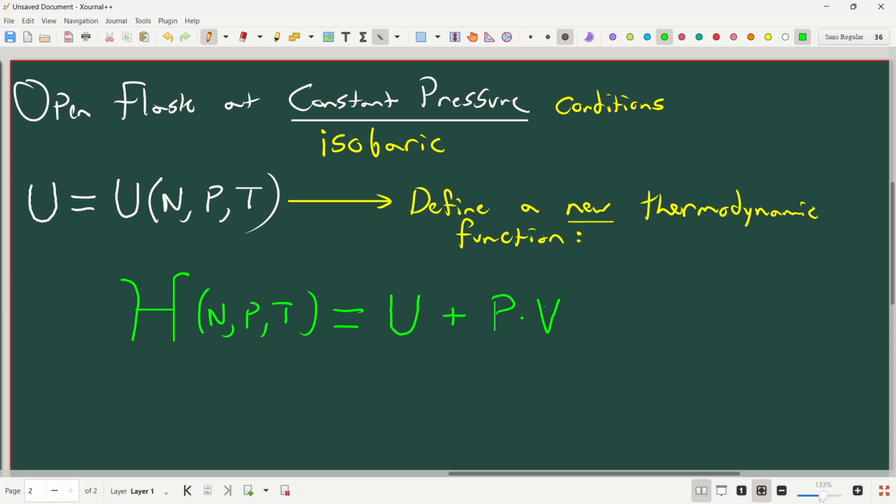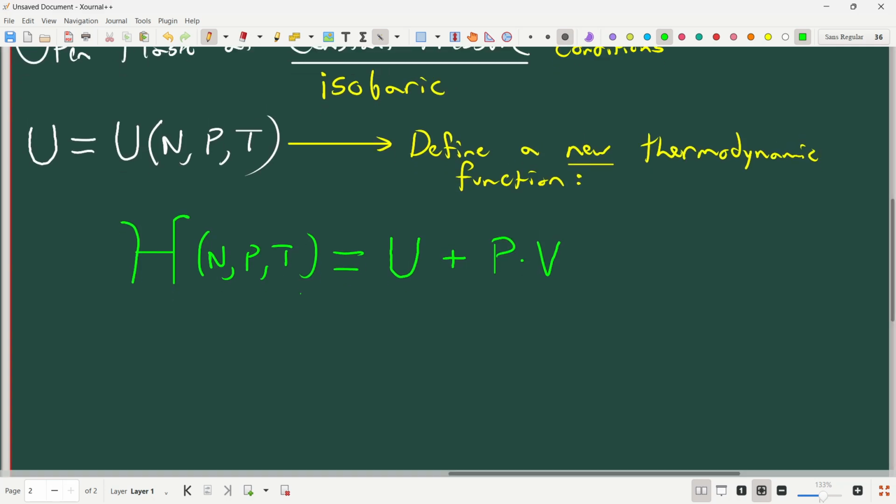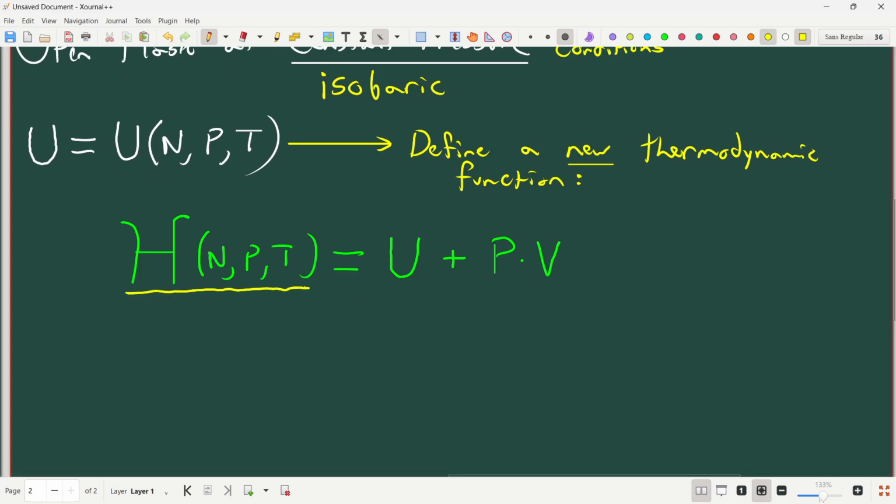We take the total energy of the system and add this PV term to it, this work term. Remember, P times V is work. First of all, I'll give you the name of this term: it's called the enthalpy.